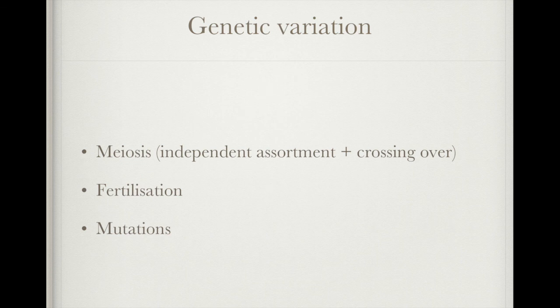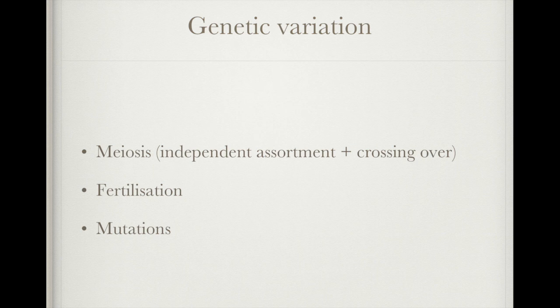Meiosis does more than halve the number of chromosomes in a cell. It introduces genetic variation into the gametes and therefore the zygotes that are produced. Genetic variation may also arise as a result of mutation, which can occur at any stage in a life cycle.